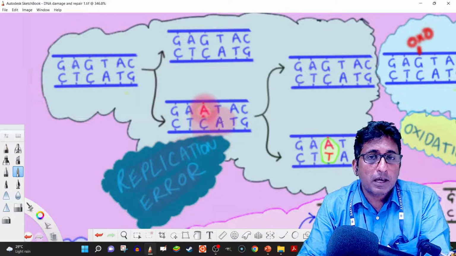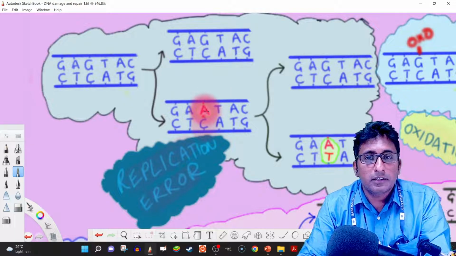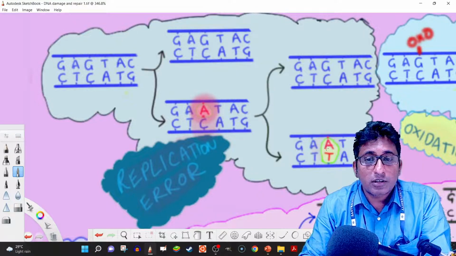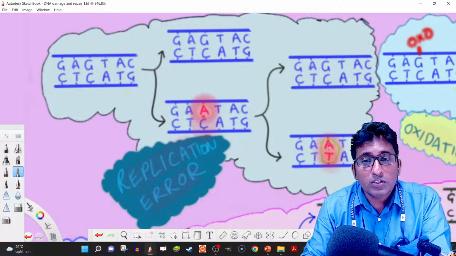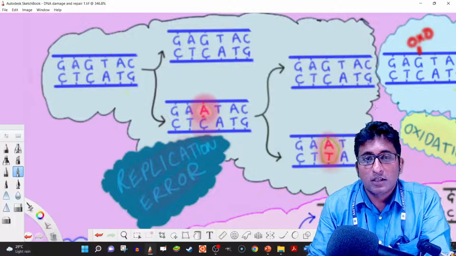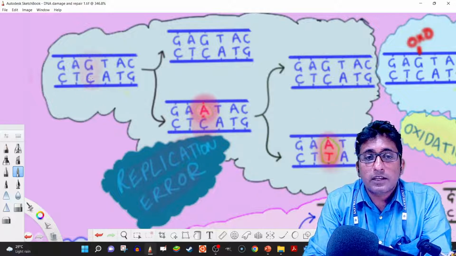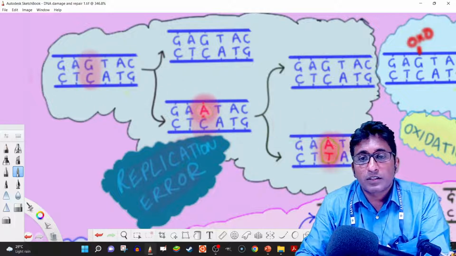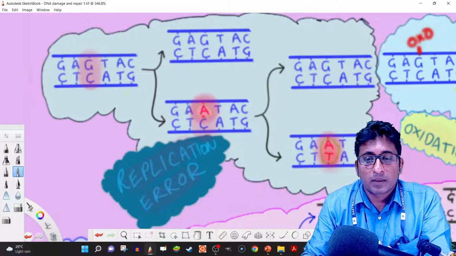And if replication happens prior to the repair mechanisms doing something about the adenine, then in the next round of replication we may have thymine added, and now this is no longer a mismatch, and there is no way repair mechanisms would see this as DNA damage or anything. And so what was a GC base pair is now an AT base pair in one of the progeny at least, and a mutation is established.